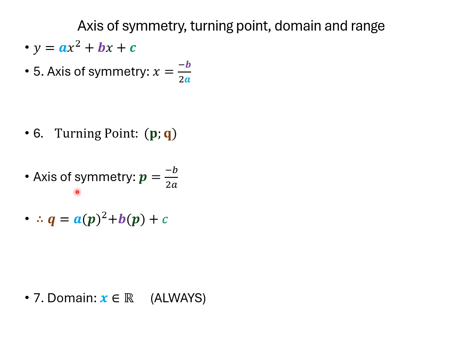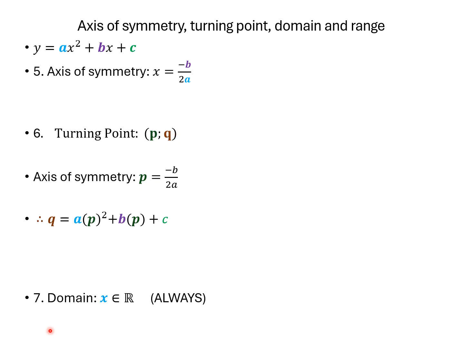My axis of symmetry is my p value, so p equal minus b over 2a. This is then substituted into the original equation, so wherever I see x, I put p. Whatever answer I get is the q value of my turning point.